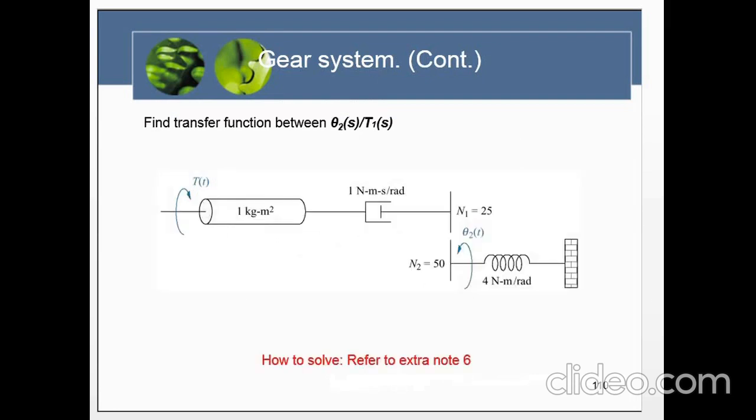Okay, find the transfer function of the system, theta 2(s) per T1(s). Here is the moment of inertia, and there is the damping, it is the gear, and here there is the spring, and there is the rigid floor.